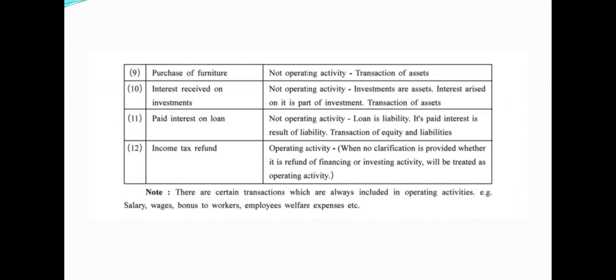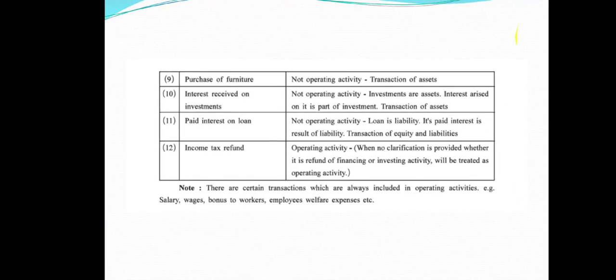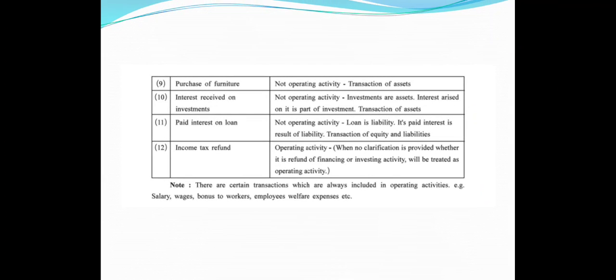There are certain transactions which are always included in operating activity, for example salary, wages, bonus to workers, employee welfare expenses, etc. So this was all about operating activities. In the next video we will be learning about investing activity. Thank you.